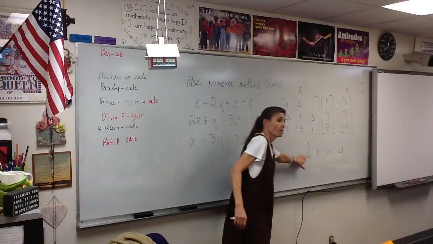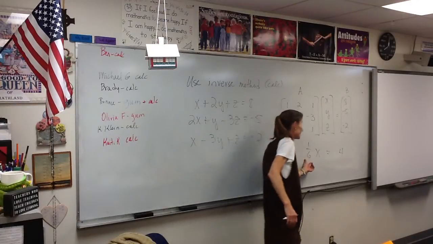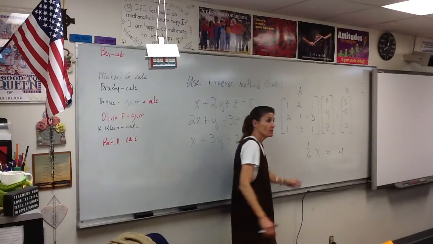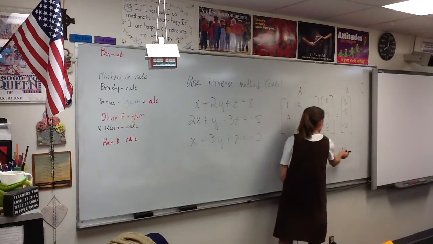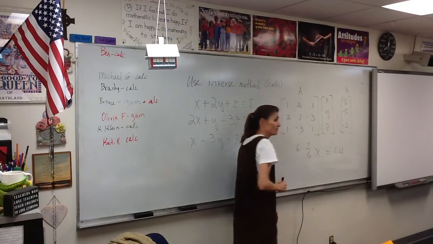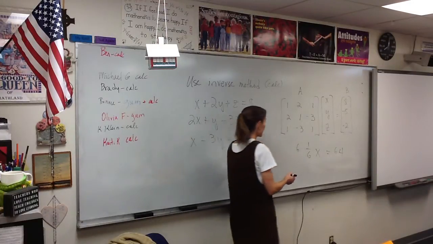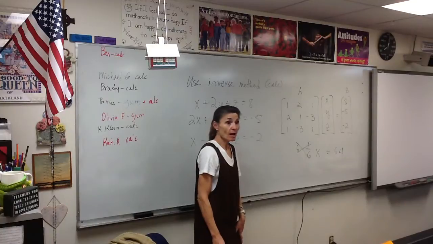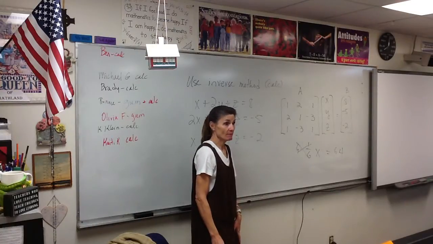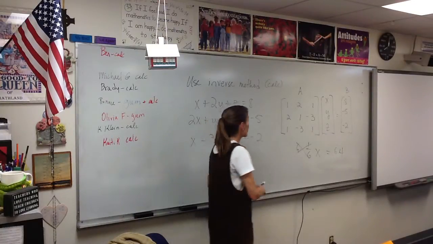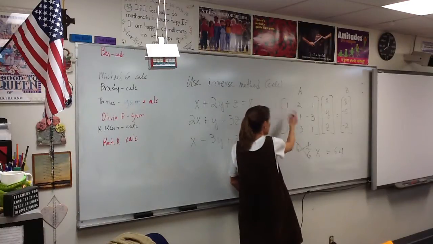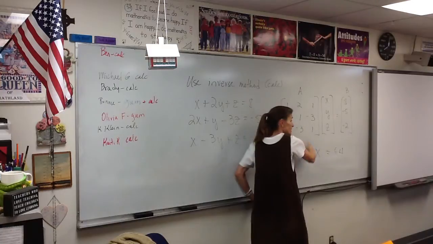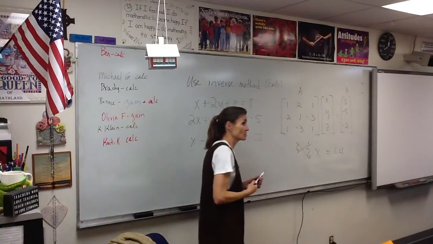Now how would you solve this equation? If you had a coefficient times a variable equal to a number, what would you do to solve that? You'd multiply both sides by 6, right? And you picked 6 because these cancel each other out. And they cancel each other out because they're multiplicative inverses. So if I multiply by the inverse of this matrix, this will cancel out and I'll have my answer.